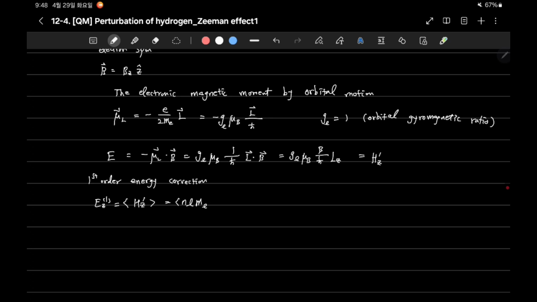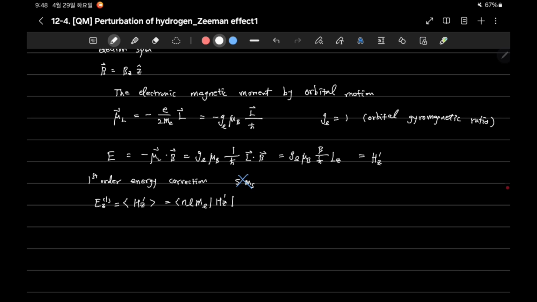Here we do not consider the spin, so we ignore the spin magnetic quantum number. We only consider n, l, and m_l.